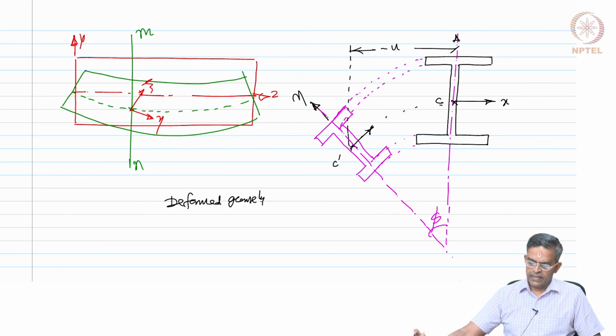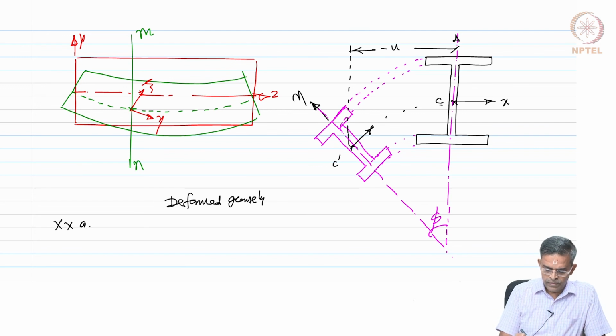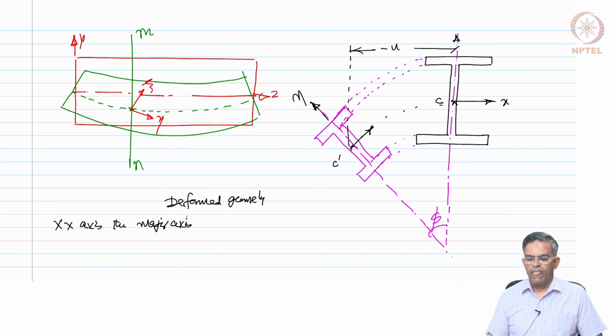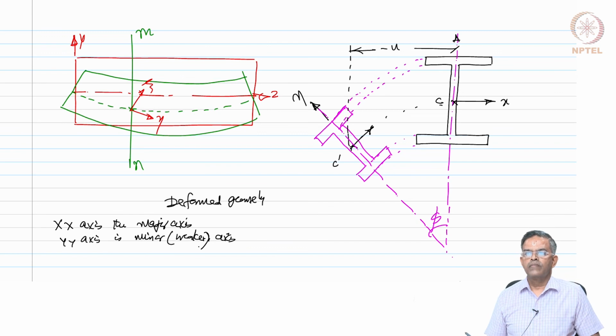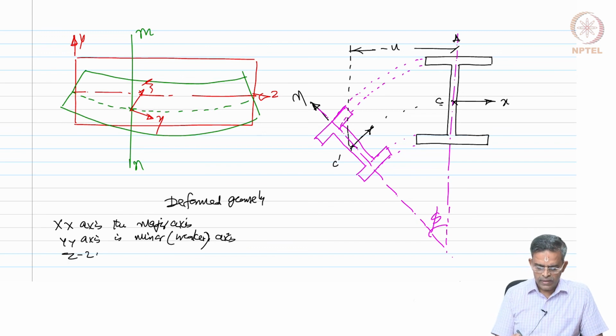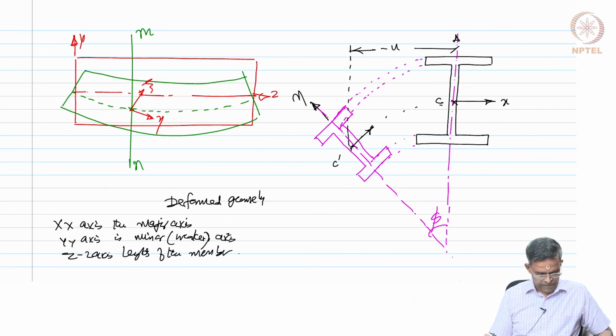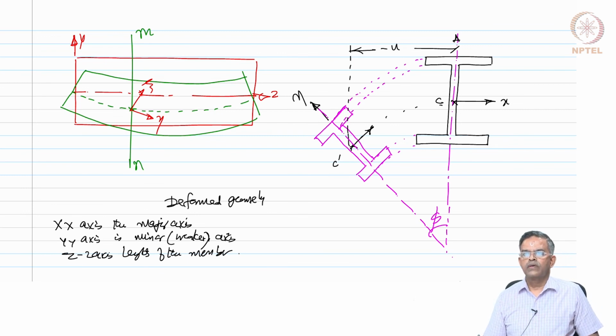The x axis, the major axis, and y axis is the minor axis, or I should say the weaker axis. Z axis is along the length of the member. Okay. That is what the figure shows.